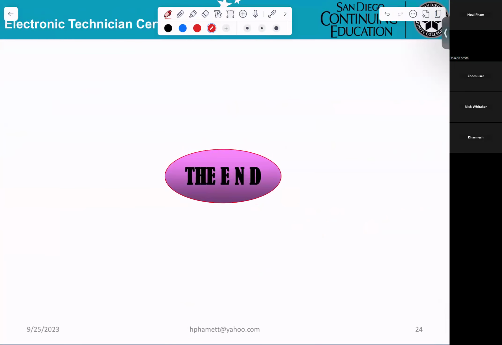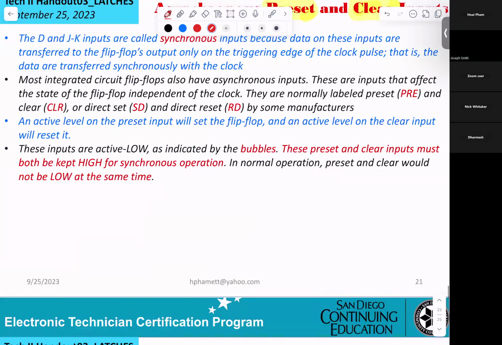Okay, that's it. Basically, that tells you everything about the D flip-flop and the JK flip-flop. You have to really understand it.